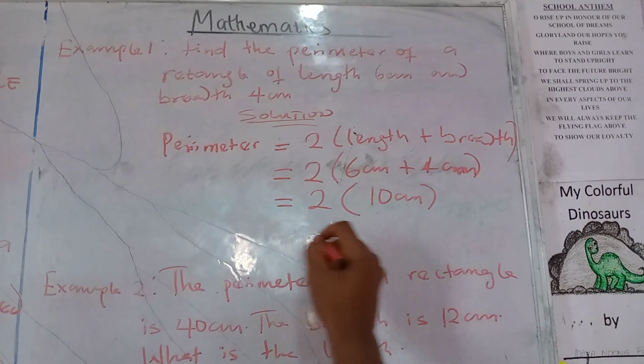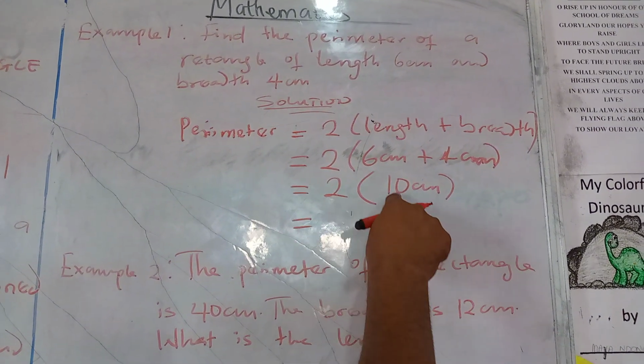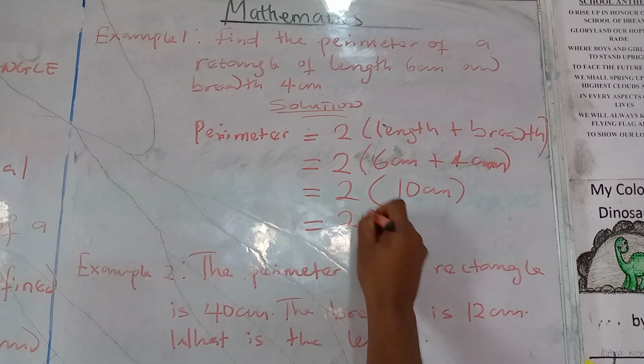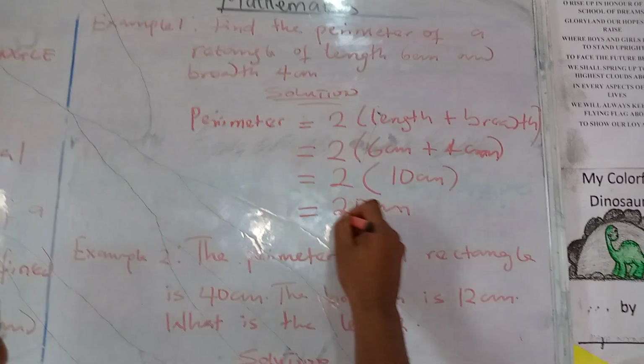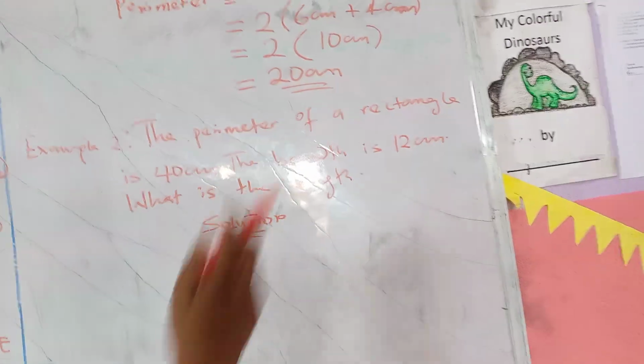Am I right? Then you apply 2 on 10. 2 times 10 will give 20 centimeter. And that is the answer.